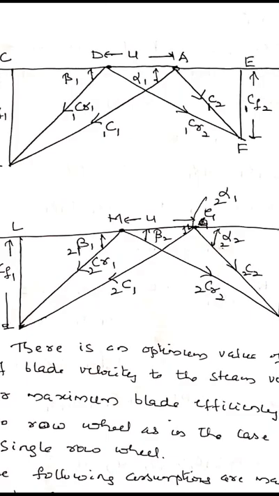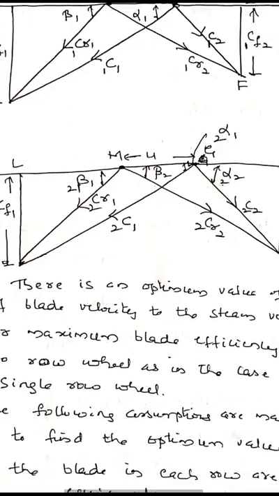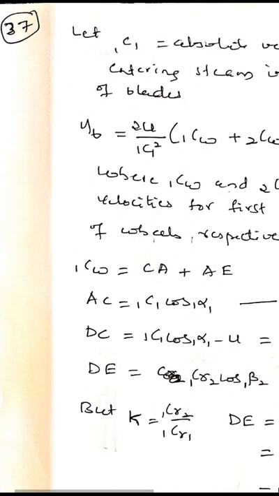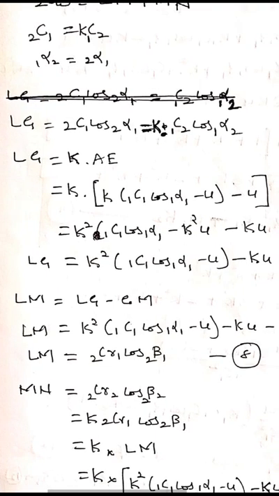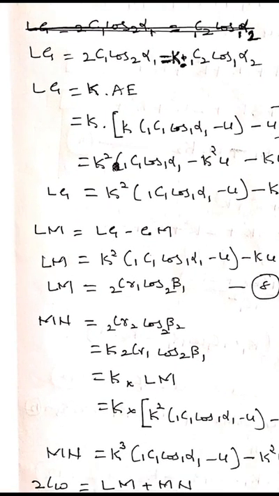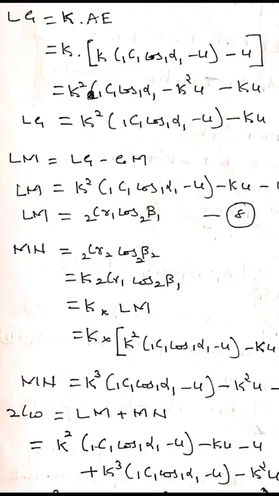LG equal to K into AE, which we already got from equation number 4. Then we will get the LG value, and subtracting GM, we will get LM. See here, LG equal to K into AE, LM equal to LG minus GM. We will get the expression for LM.